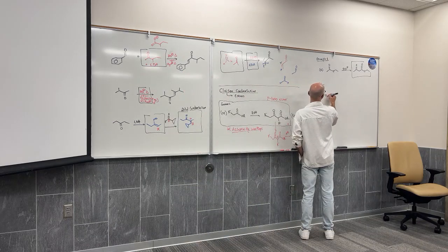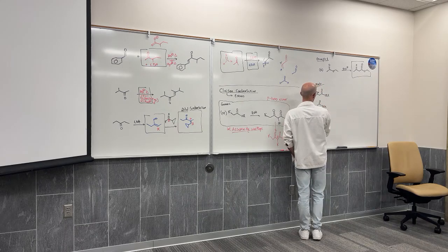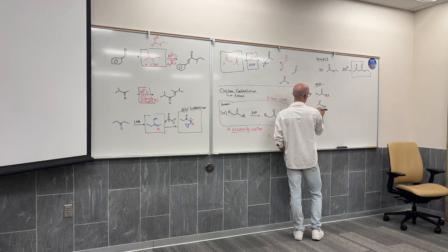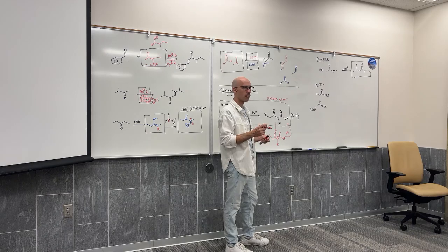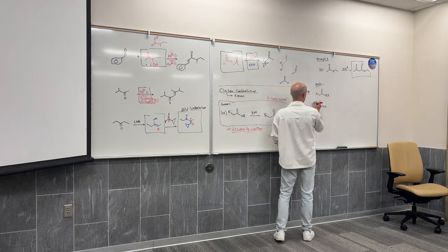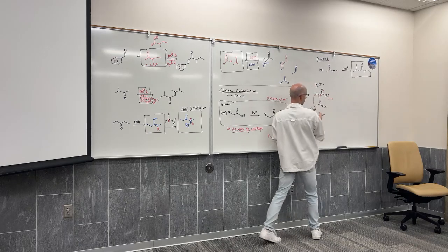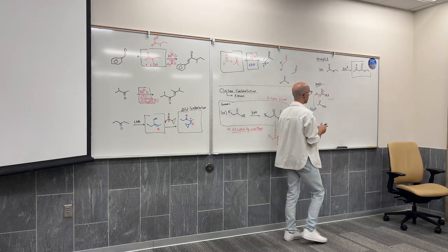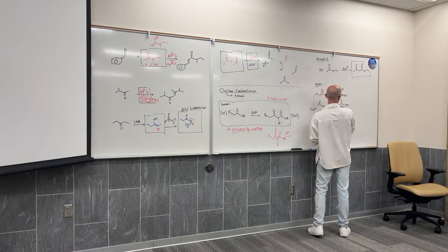All right, let's look at this. I'm going to abbreviate a few things here. I'm going to abbreviate the ethyl ester as OEt. One of the alpha hydrogens gets deprotonated, and this gives me my ester enolate, plus ethanol.